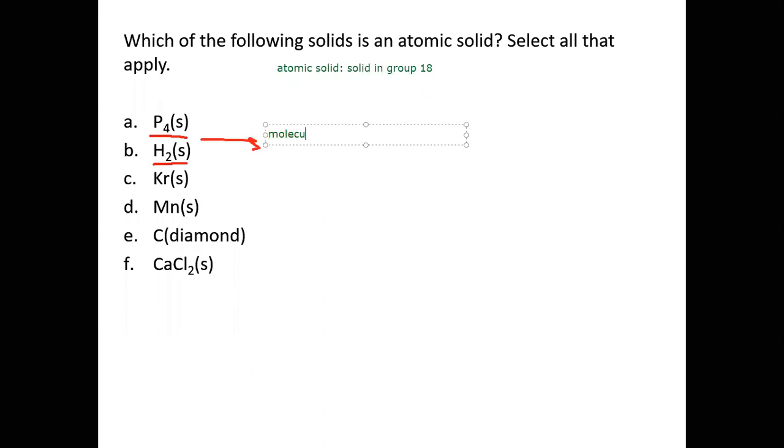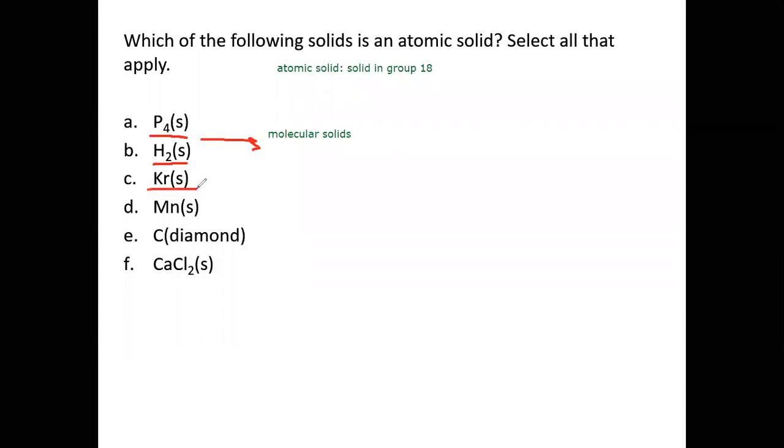And it has to be more than one nonmetal. You can't just, for example, have P. It would have to be like P4, H2, CO2. So you have at least two or more nonmetals in the formula. That's a molecular solid.